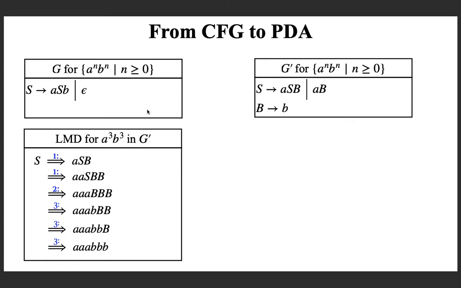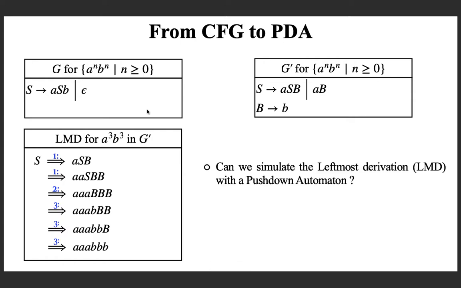Now the question is, can I simulate the leftmost derivation with a push-down automaton? The answer is yes, and that is what we are going to see, and later we will generalize it to generate a push-down automaton from an arbitrary context-free grammar in Greibach normal form.